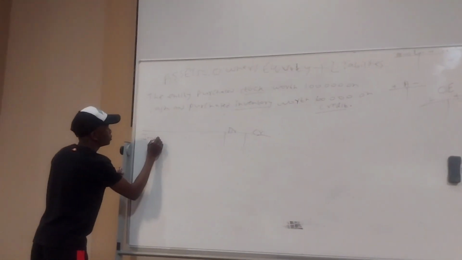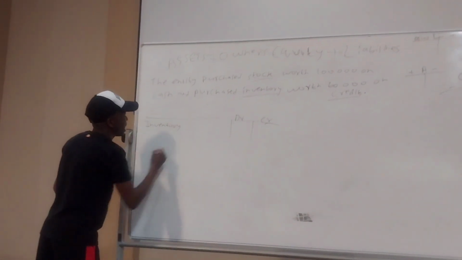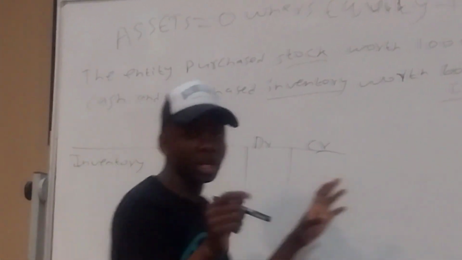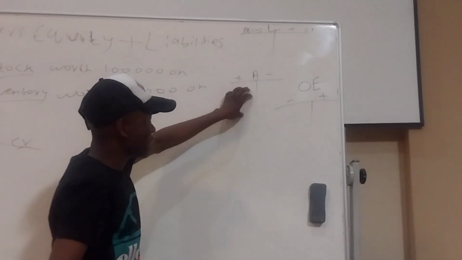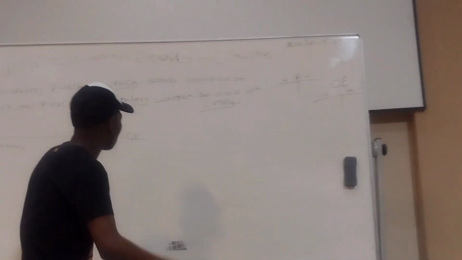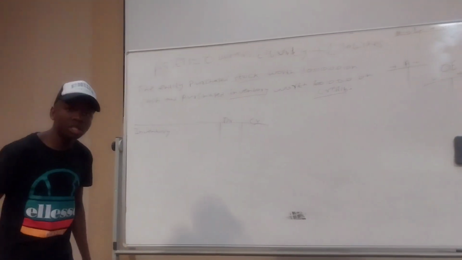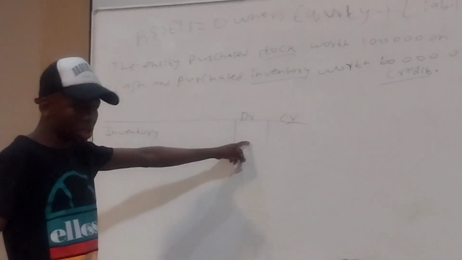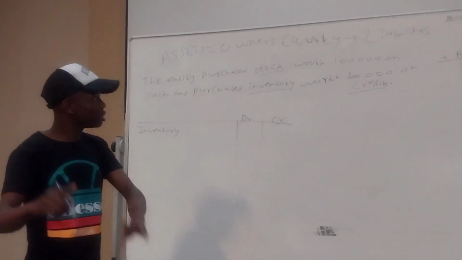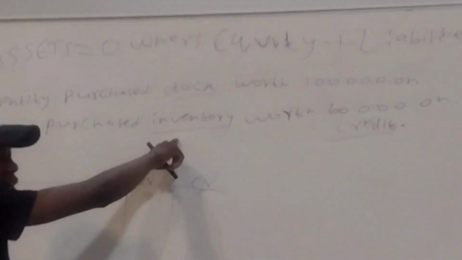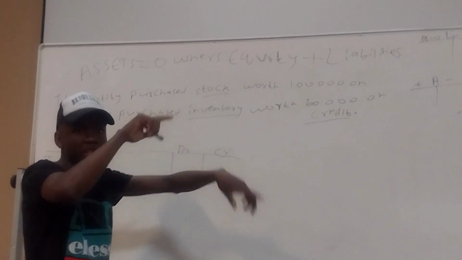Okay, the first account we're going to have is inventory. Inventory is an asset. I said all assets, whatever is coming into the business, increase on the debit side, which means the amounts that we're going to record for inventory have to be debited. And we have two amounts in relation to inventory. First the term stock, second the term inventory, but they all mean the same thing.